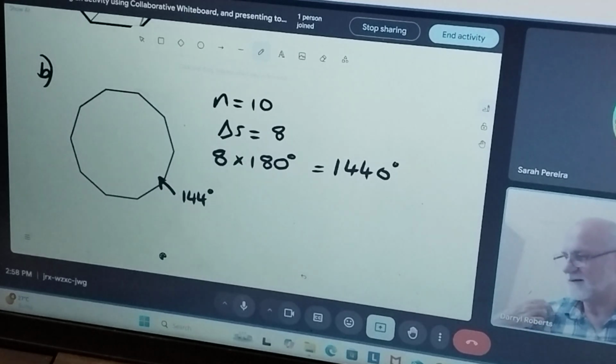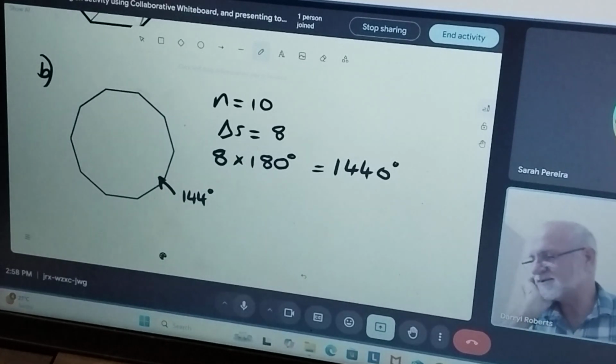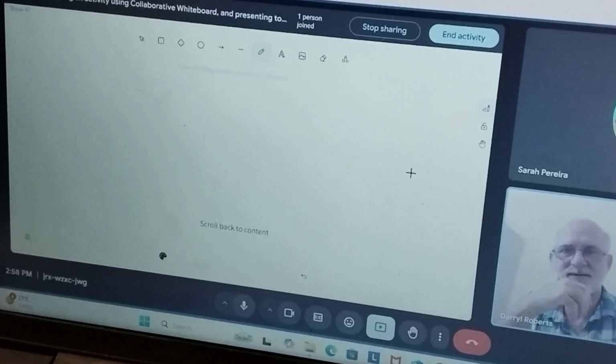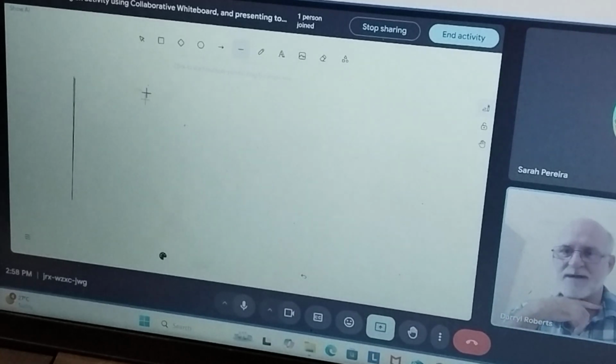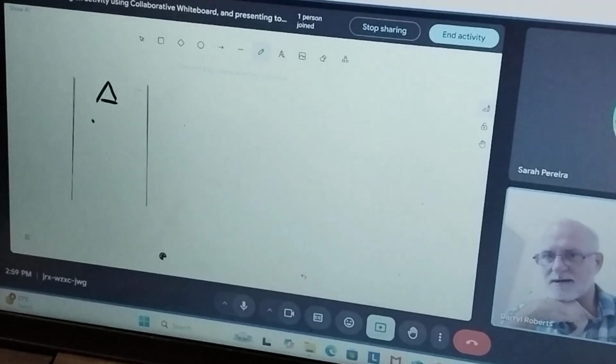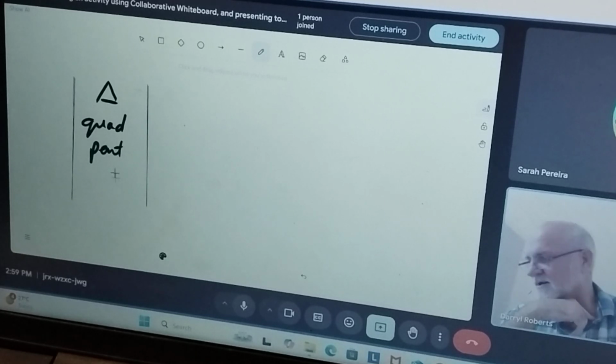Number 9, you can do when you've got time, because all it is is writing the number of sides and the sum of the interior angles. They've got this table. On the one side we've got the shapes: a triangle, a quadrilateral, a pentagon, a hexagon and so on.